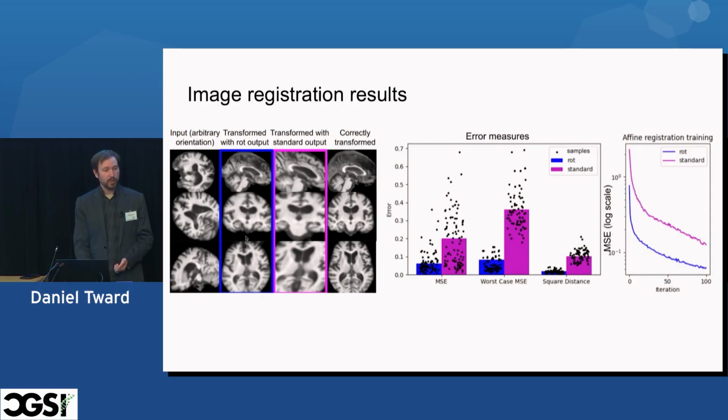In the first column here, we show the results of our network after training. In the second column, we show a standard network. And what you can see is that the error is much worse for the standard network than for our network. During the training procedure, we also train this network more than an order of magnitude faster because it already knows these equivariant properties that the other network has to discover.